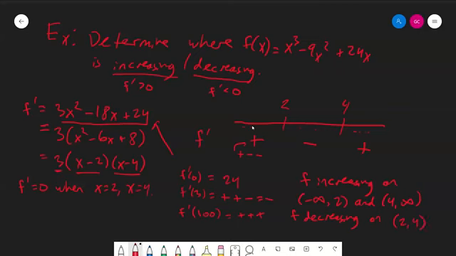Okay, so this is how a typical example works. If you want to find where a function is increasing and decreasing, what you want to do is find the critical points, and then in between each pair of critical points, determine whether the derivative is positive or negative, and that will tell you where f is increasing and decreasing.